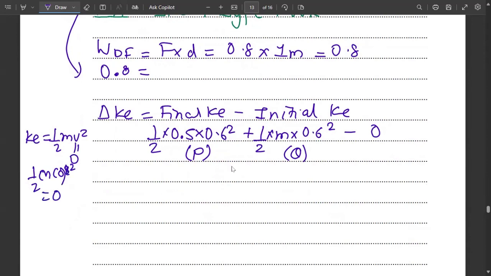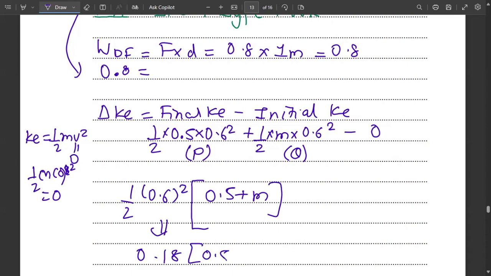So now I can simplify this by writing half into 0.6 square as common, and I'll write 0.5 plus m. Even further simplifying this, if I put half into 0.6 square in the calculator, I'll get 0.18.